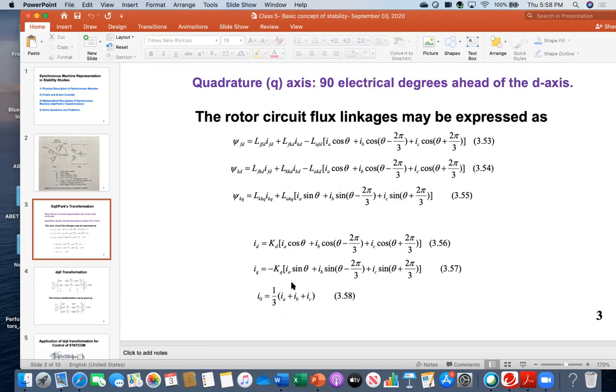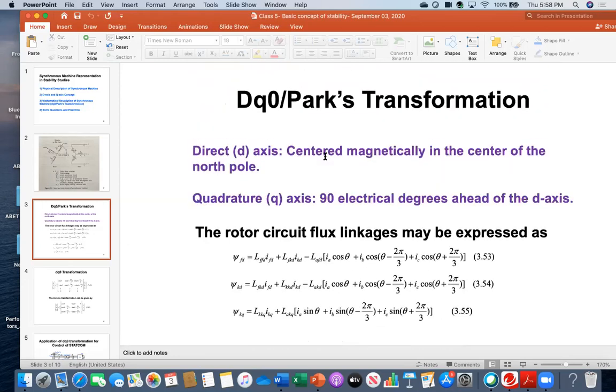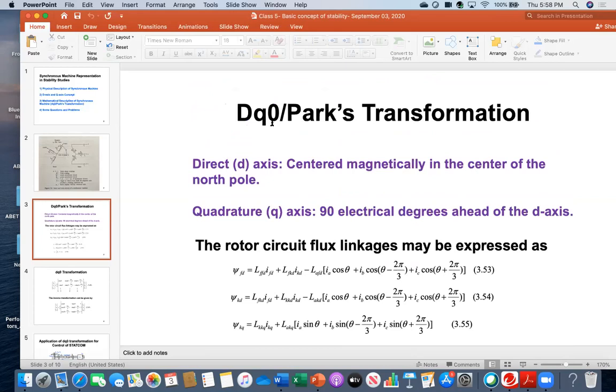So on the right side I have IA, IB, IC in each and every equation, and on the left side I get 3 components, ID, IQ, and I0. Accordingly, you see the title goes DQ0 or the Park's transformation. So everybody, could you understand?